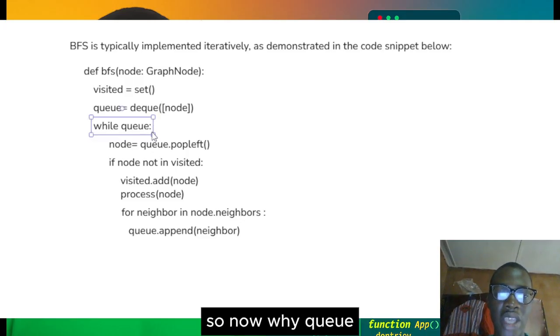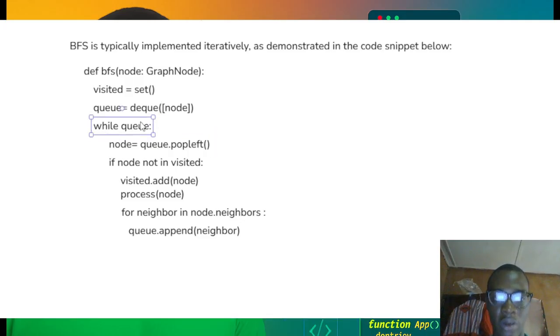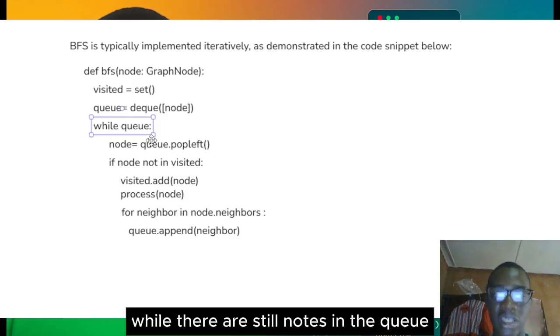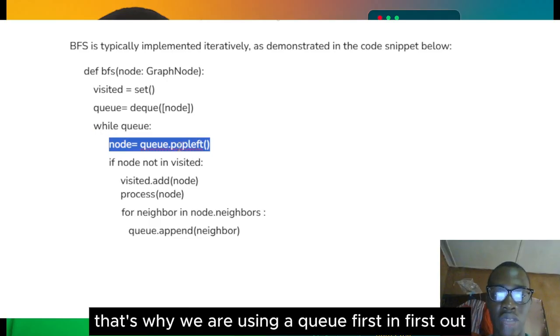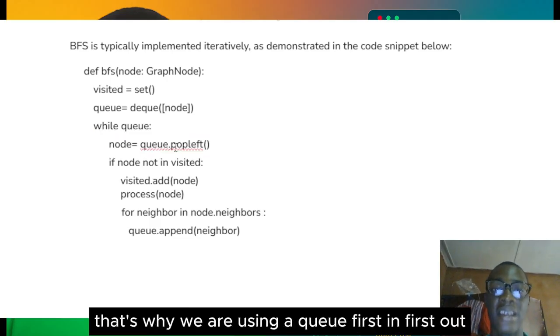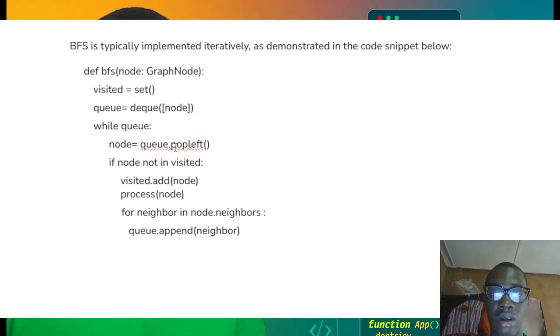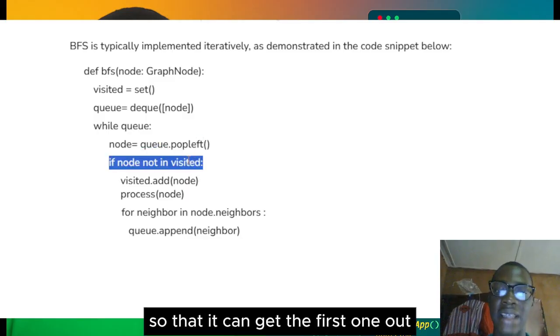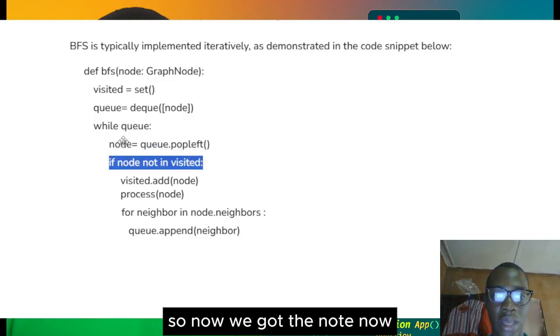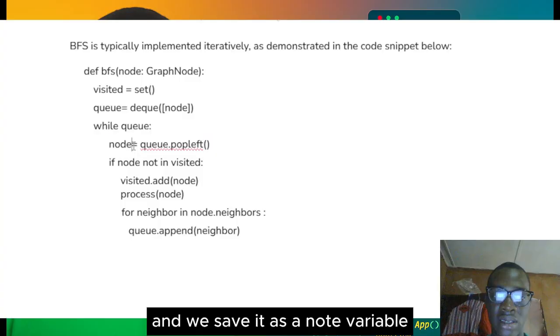Now why a queue? While there are still nodes in the queue, we pop the leftmost node. That's why we are using a queue: first in, first out. So we pop left out of the queue to get the first one out, and we save it as a node variable.